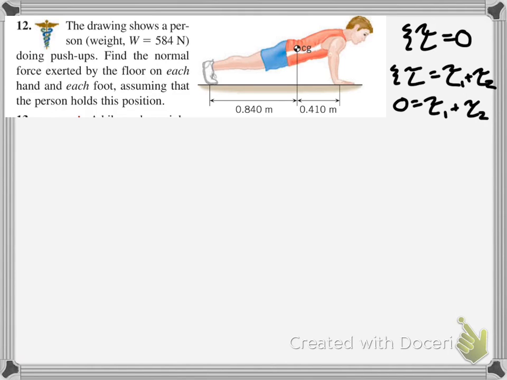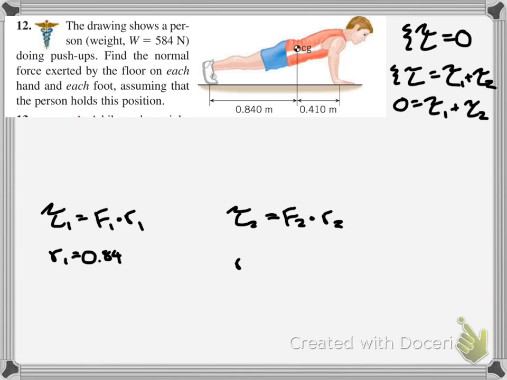Okay, so let's break it down. We know that torque 1 is going to be equal to force 1 times R1, and torque 2 is going to be equal to force 2 times R2. And we know that R1 is 0.84 meters, and that R2 is 0.41 meters.